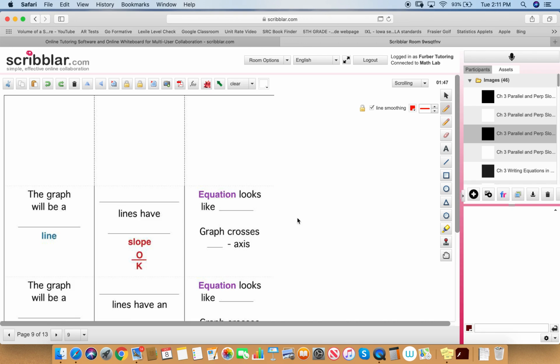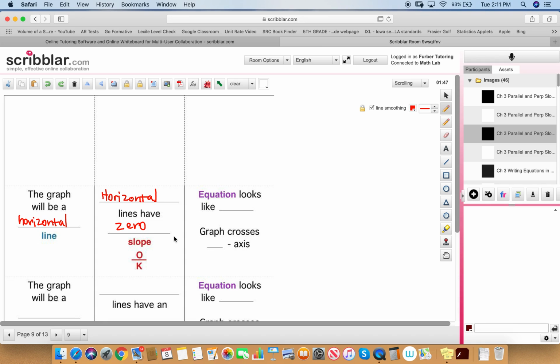So for the HOY, the graph will be a horizontal line if the equation has a y equals in it. Something important to note about horizontal lines is that they have zero slope.